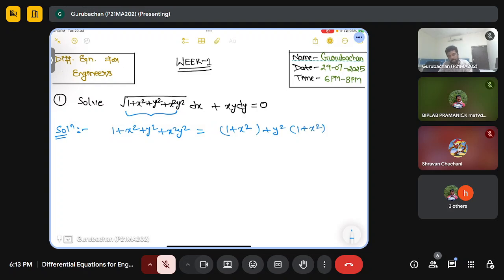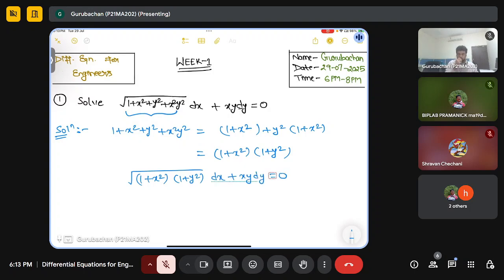And after that, it will be like this, correct? So now this will come 1 plus y square dx plus xy dy.